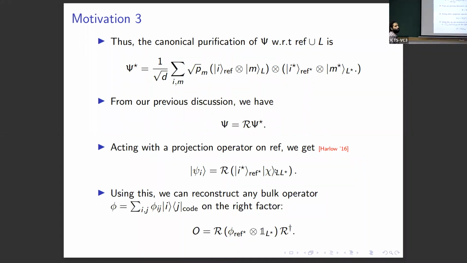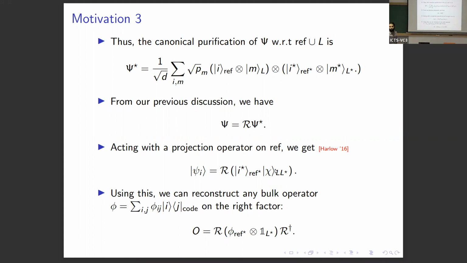In general, it's on ref star L star. So here I'm thinking of ref L as one side. I'm purifying it. So in general, the reflection operator will act on ref star L star. Okay. It's whatever is the other side. One side was ref L, the other side is ref star L star.